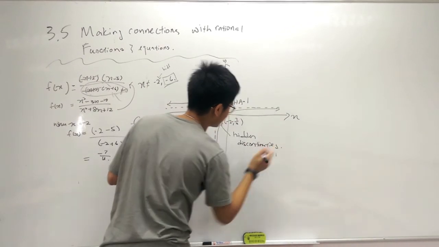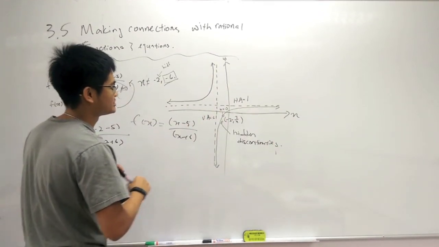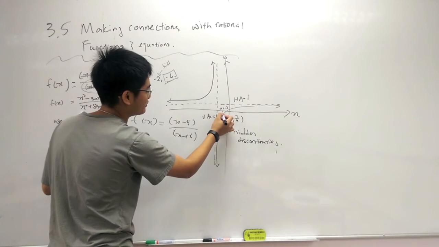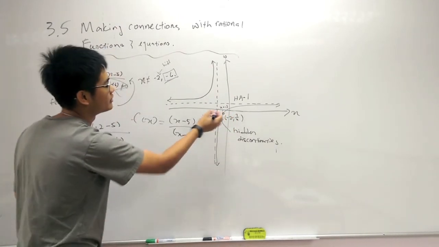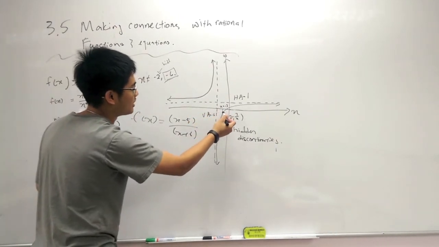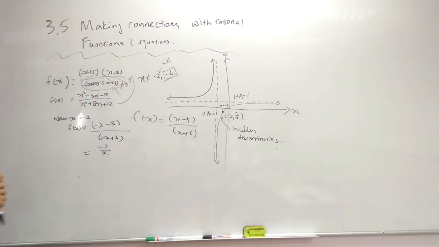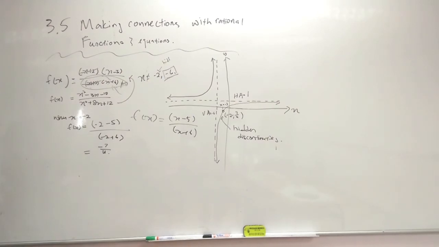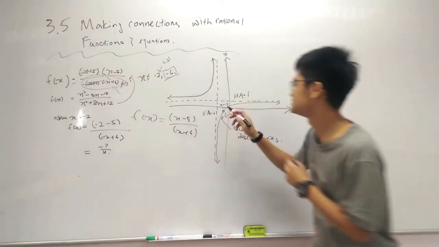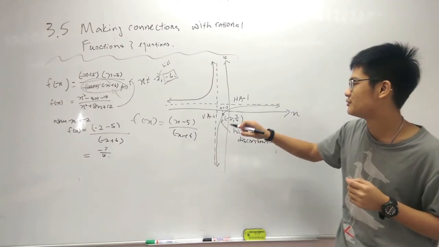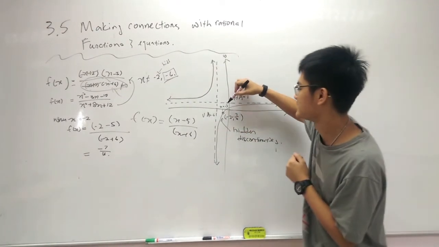I'm not sure if that's very correct. It has a gap in the middle, which is represented by a hole here, and it will continue after this point all the way to infinity. In order to find this hidden discontinuity, we already know that x is negative 2 for this point.